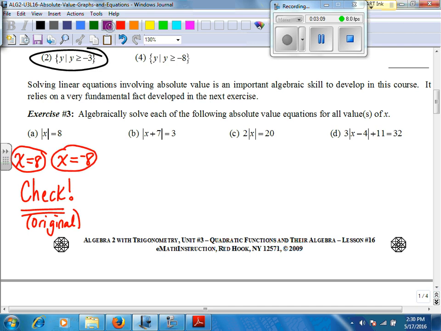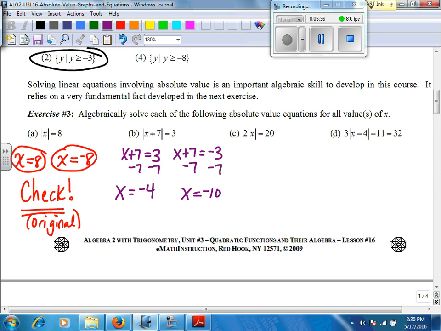B is going to be a little bit tougher. In this case, all this stuff here, the x plus 7, could be 3, because absolute value of 3 is 3. But it also could be negative 3, because absolute value of negative 3 would also be 3. So now if we solve each of these, subtract 7, x is negative 4; subtract 7, x is negative 10.